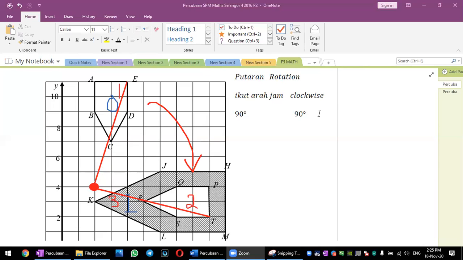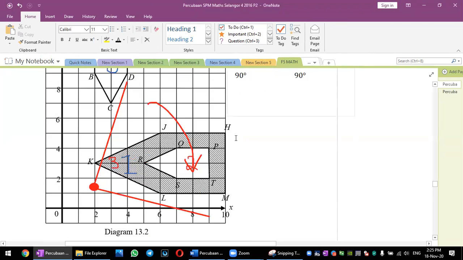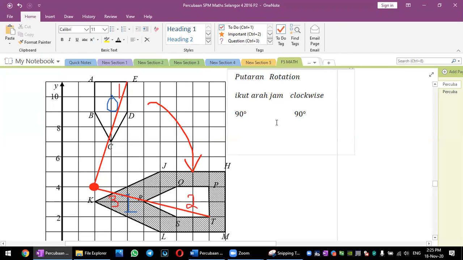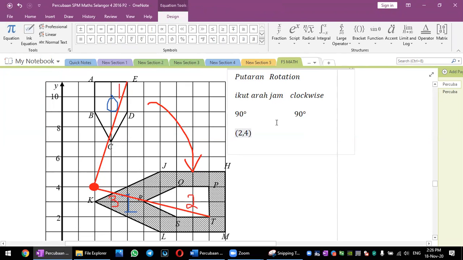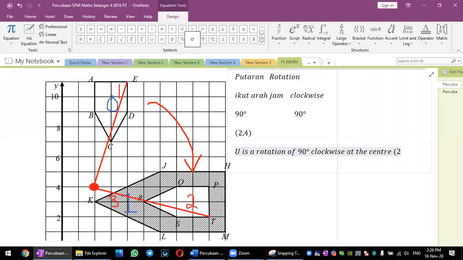Okay, so we confirm the center already. The center is at this point. What is the reading? 2, 4. Okay, how do you write the answer? You can say U is a rotation of 90 degrees clockwise at the center 2, 4.